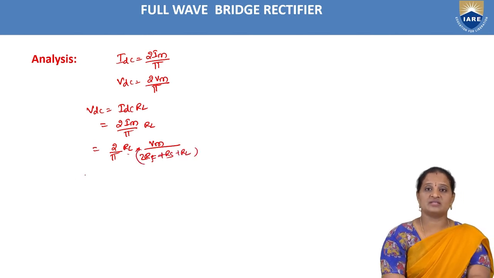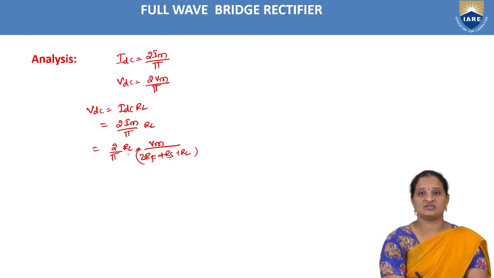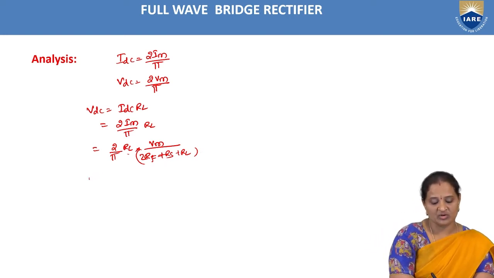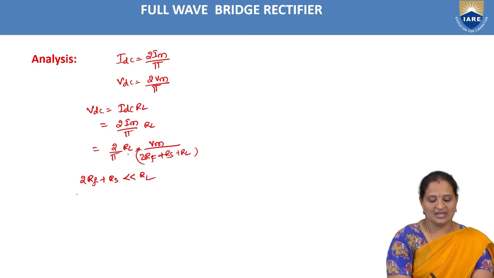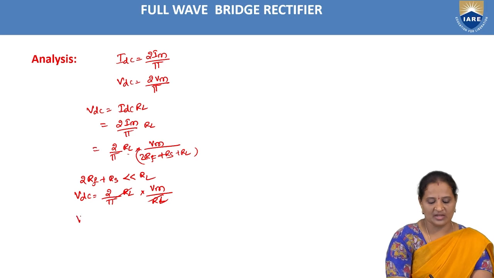Anyhow, forward resistance is very small, and even the internal resistance of the secondary winding of the transformer is very small. So if 2 into RF plus RS is very much less than RL, I can neglect it. In that case, VDC is equal to 2 by pi into RL into VM by RL. If I neglect this, I get only RL in the denominator, and it gets cancelled.